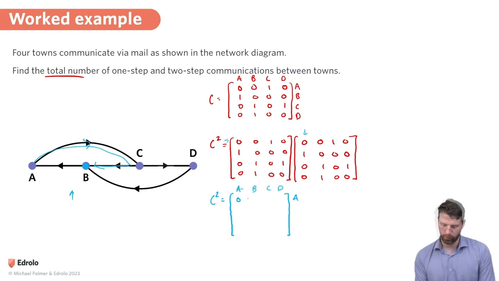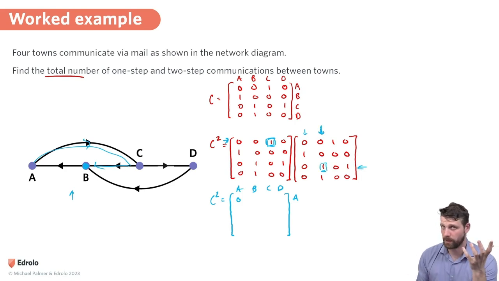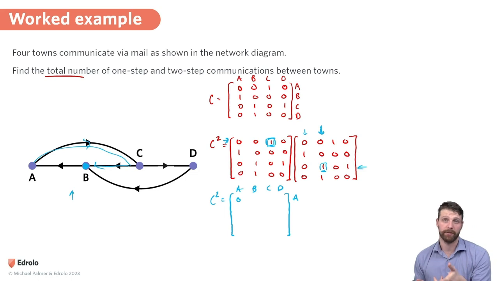So here we're going to go row 1 times column 2. And we can see that the 1 is lining up. So it's sort of saying, well, A can talk to C and C can talk to B. So those two things combine to give A talking to B, right? So that comes out as a 1. Awesome. Let's keep going.